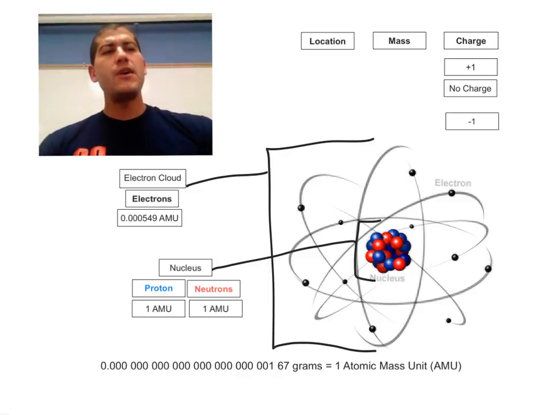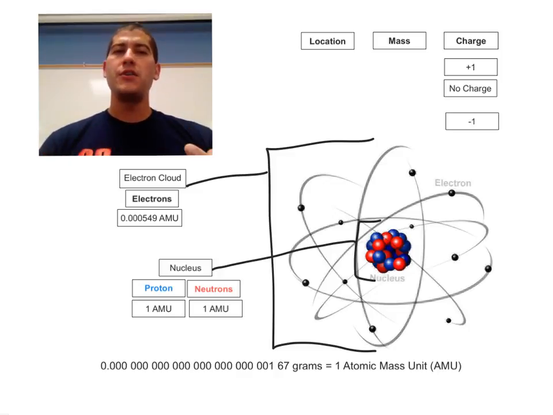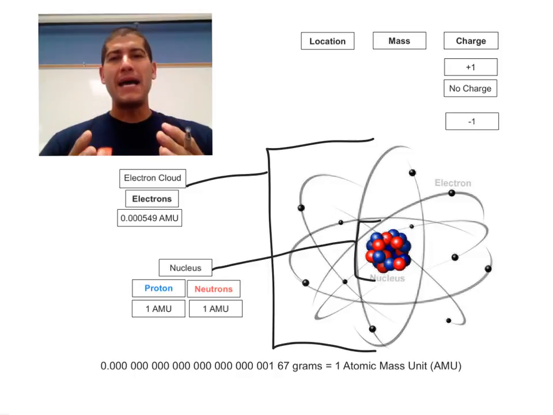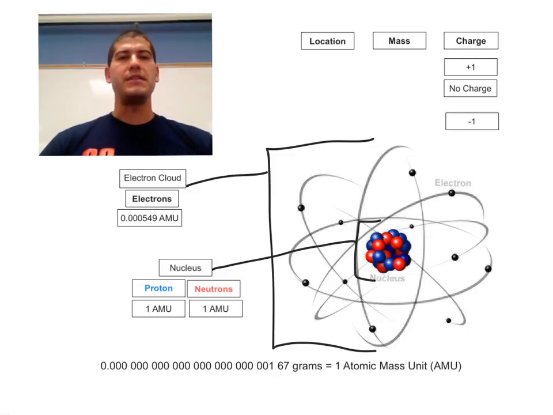And so even though electrons are tiny, they occupy a region that makes up the vast majority of the atom's volume. The weird thing about that is that it means that matter and atoms are mostly empty space, with all of their weight being in the center, in the nucleus.